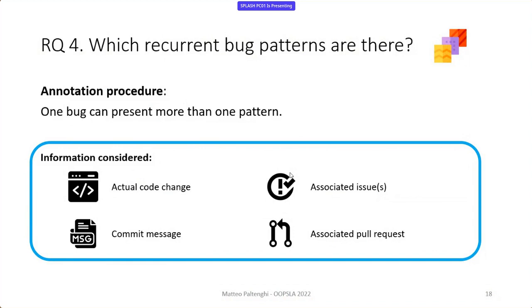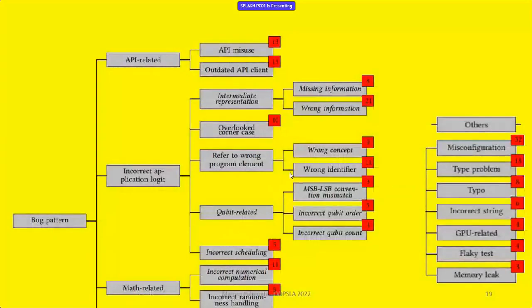So gathering all of this, we could form an opinion on which are the common bug patterns. And we compiled a taxonomy of bug patterns, including 4 major macro categories. We have API-related bugs, incorrect application logic bugs, math-related bugs, and also others to include all the rest.